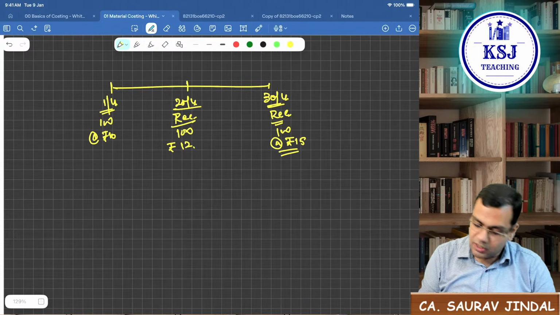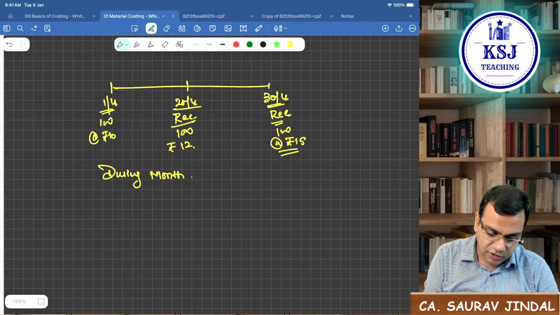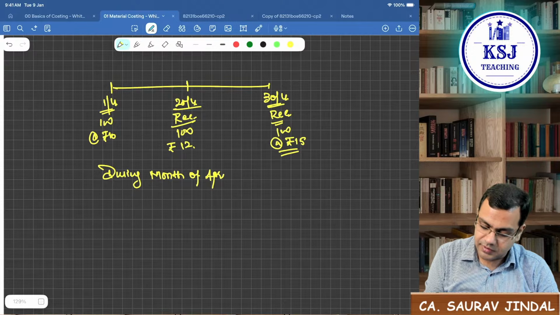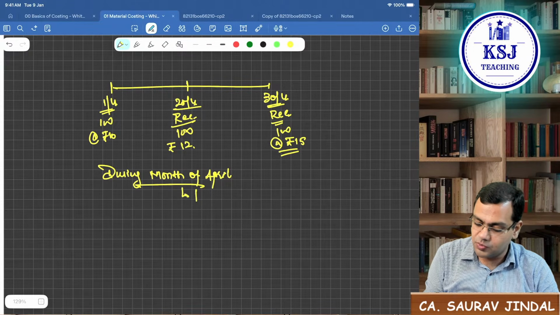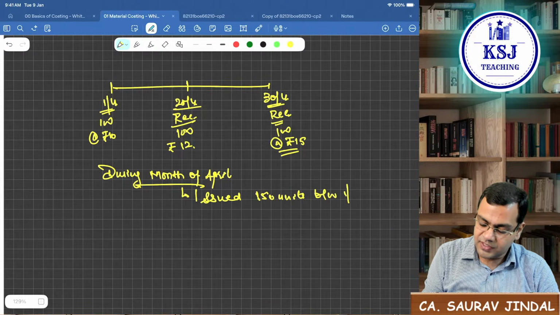Clear? Now they say during the month of April, you issued 150 units between 1st of April and 29th of April.